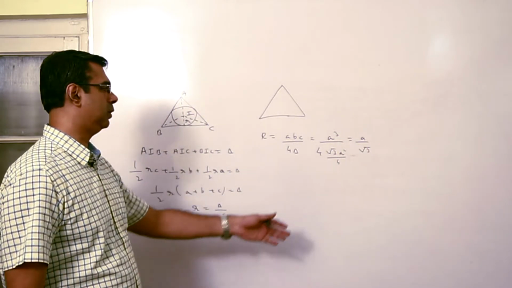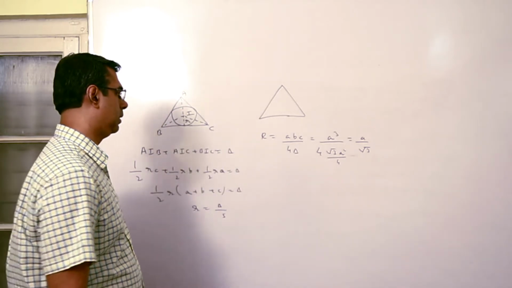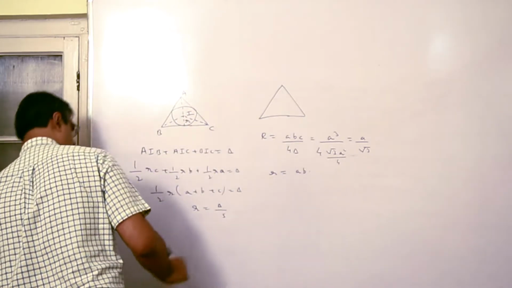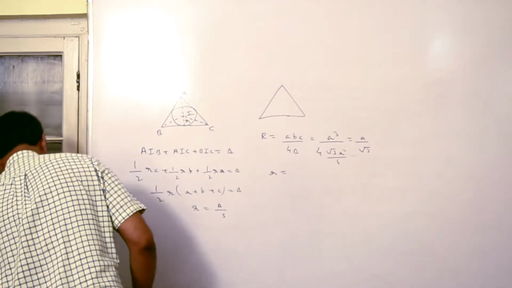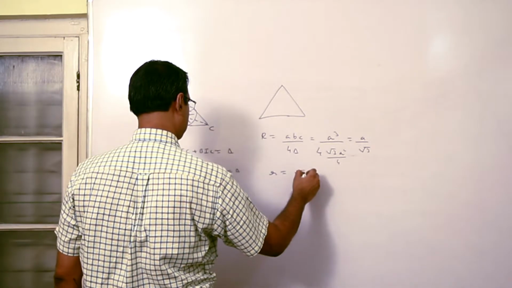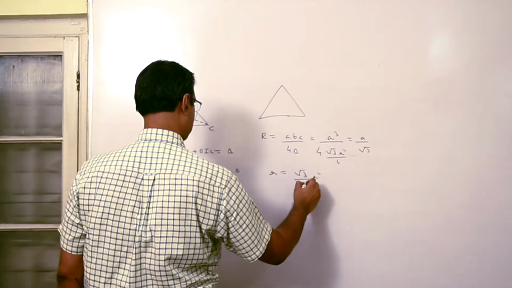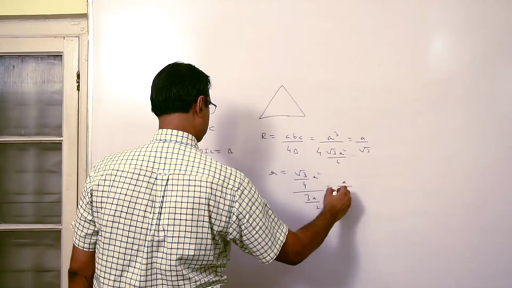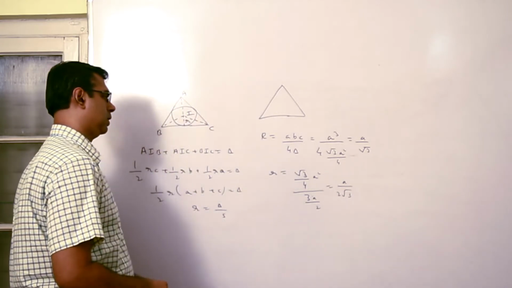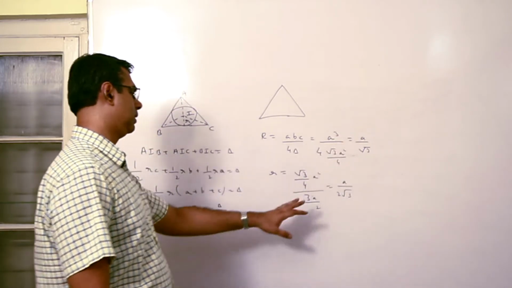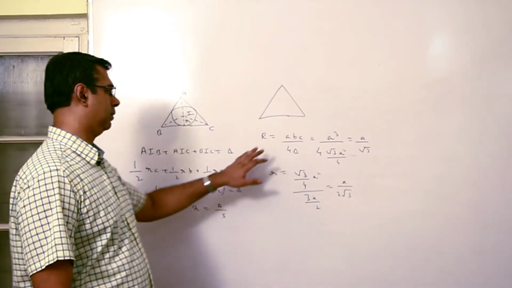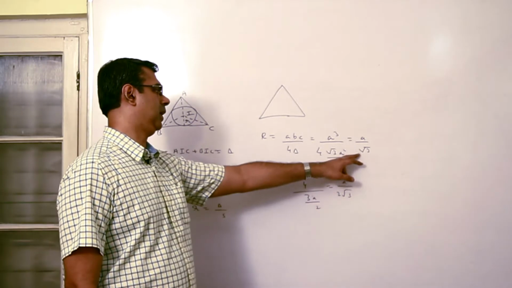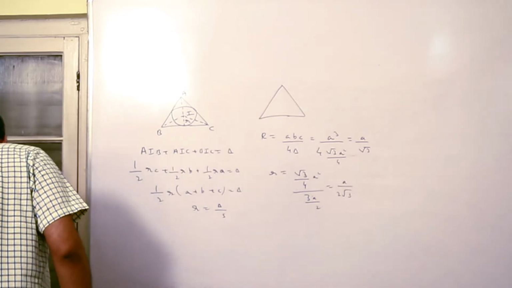In fact, it's better you commit this to memory because it's a much simpler result. And inradius of an equilateral triangle, you know that it is area by semi-perimeter. So the answer is coming A by 2 root 3. So circumradius is A by root 3, inradius is A by 2 root 3. Although we have formulas for circumradius and inradius, when only an equilateral triangle is being discussed, it is better to use these formulas. They give the result very directly.